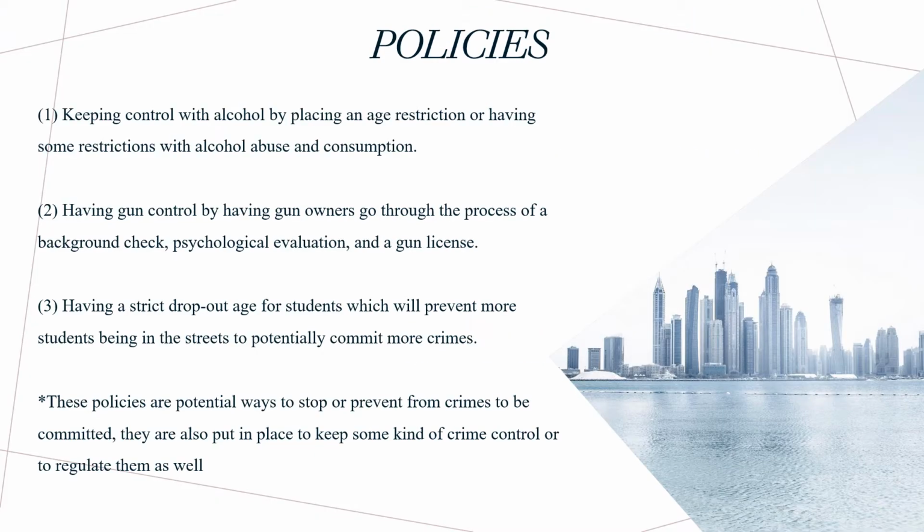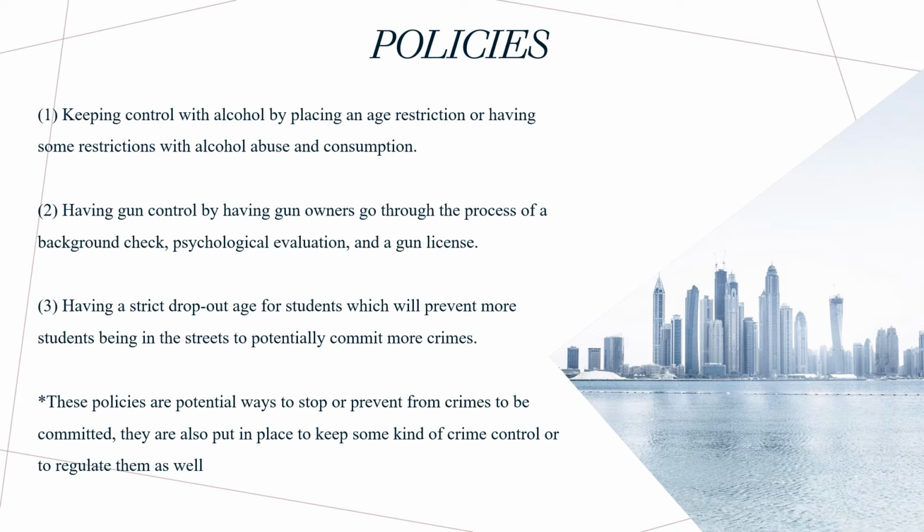Now, when we think about crimes being committed in different types of socioeconomic areas, we also come to think about policies. Policies are ways that we can prevent crimes from being committed. The first policy we can think of is keeping control of alcohol by placing an age restriction or having some restrictions with alcohol abuse and consumption.